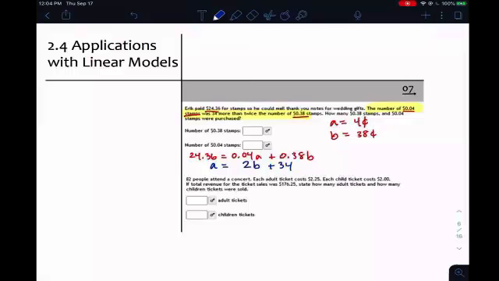So now when I go back and do the same process here, I plug in this A value for this A expression, and I get my new equation of 24.36 is equal to 0.04, and instead of writing A, I can express it as 2B plus 34, plus that 38B. And so now I can solve this one equation here for my unknown.